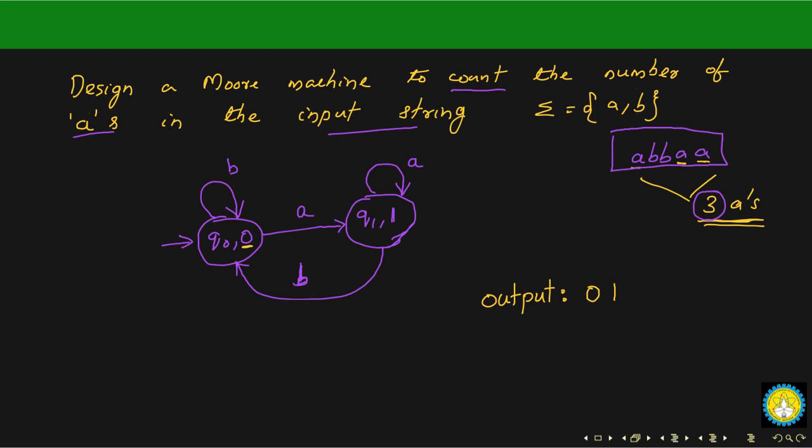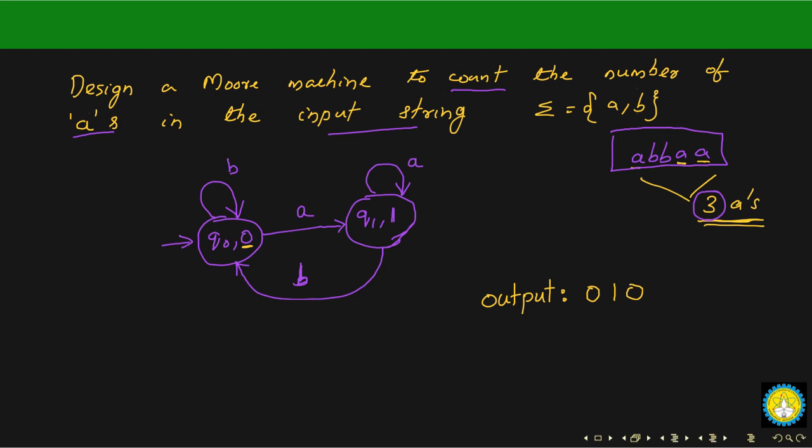Now the second character you see is a B. The first character we have passed, we are now looking at the second character. It's a B. So we are now at Q1. From Q1, when you are getting a B, your output is going to be 0. Let's write that output here.